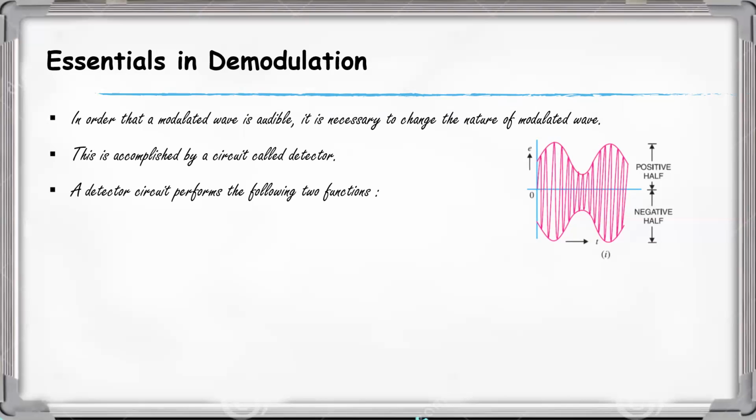If we use a rectifier, let us take the positive half, only the positive half cycle is obtained when the signal is fed into a rectifier.